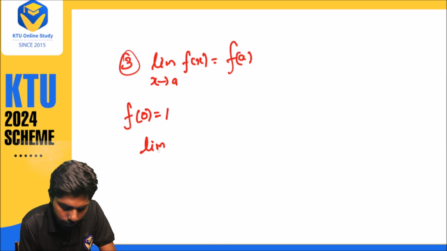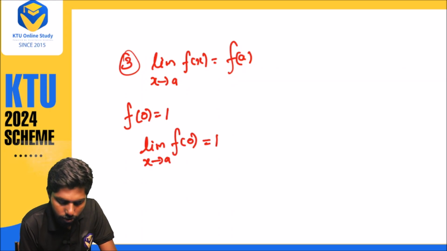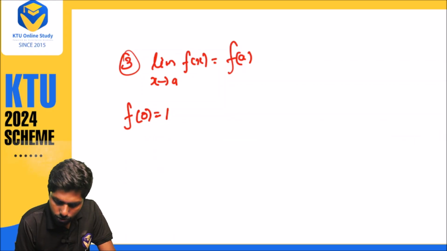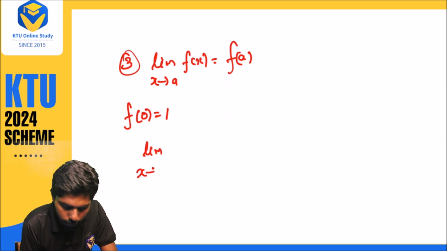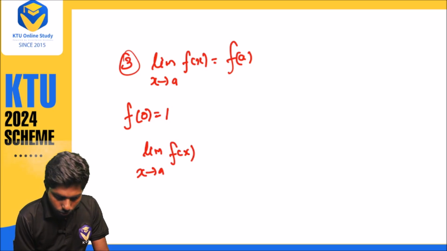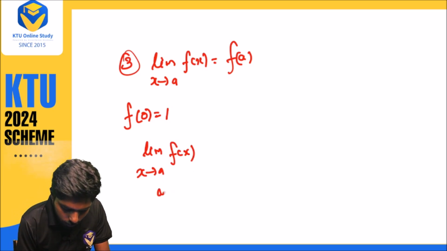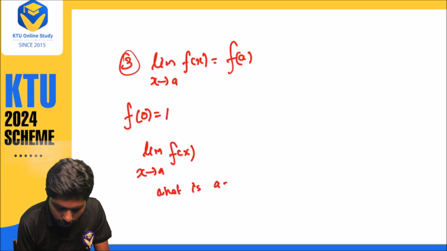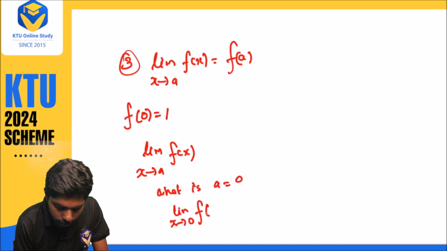Similarly, the limit as x approaches a of f of x, if you apply it here, you will also be getting 0. What is a? A is equal to 0. So the limit as x approaches 0, if you apply 0, what will happen?